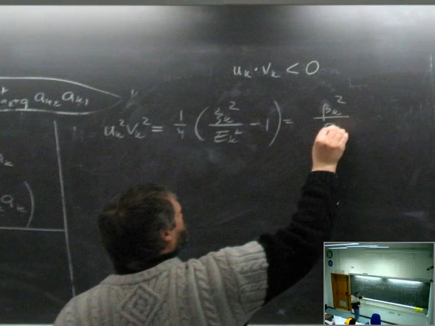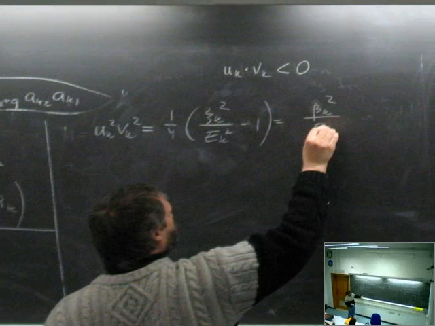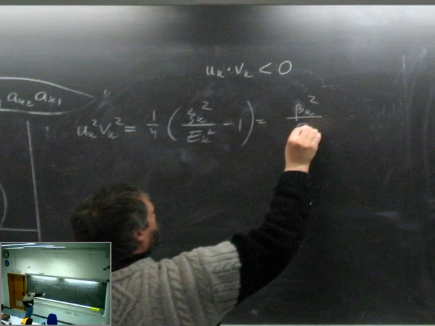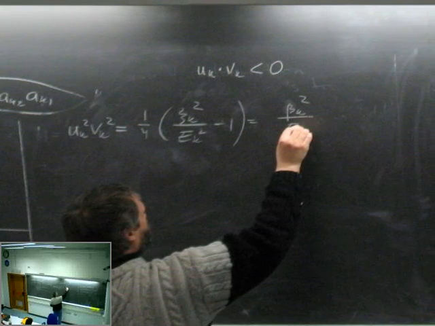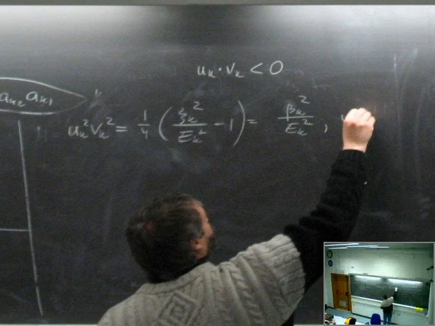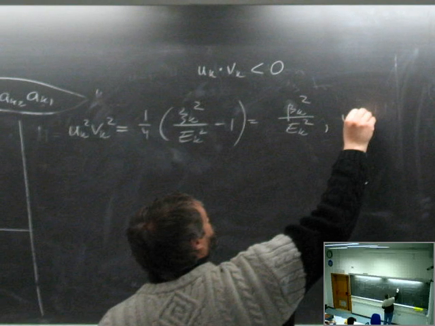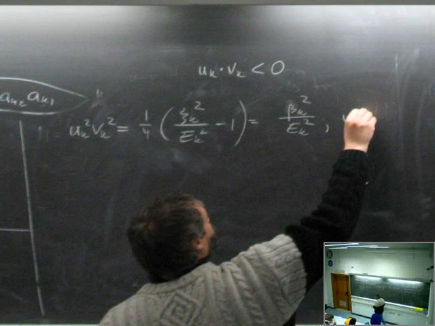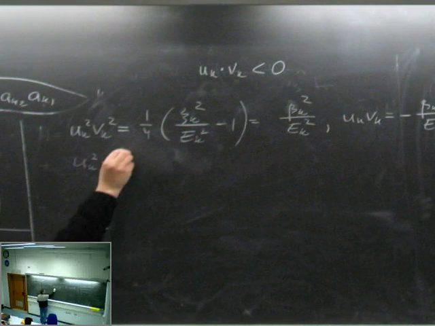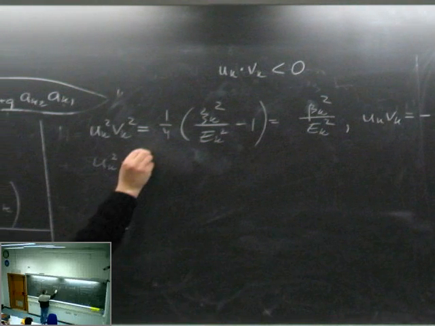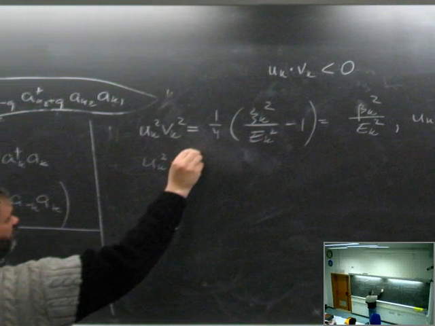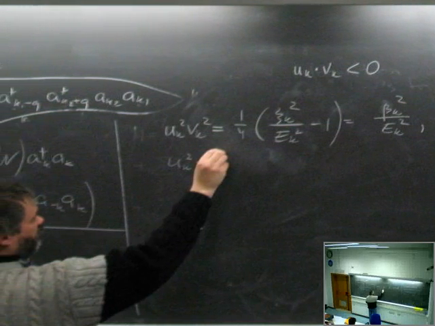I substitute ek, and you see that it is positive, and the 1/4 is cancelled. Therefore, uk vk, and I will call this quantity, is equal to minus beta k over ek. All quantities are positive. So uk squared plus vk squared, another quantity which I need, is psi k over ek.